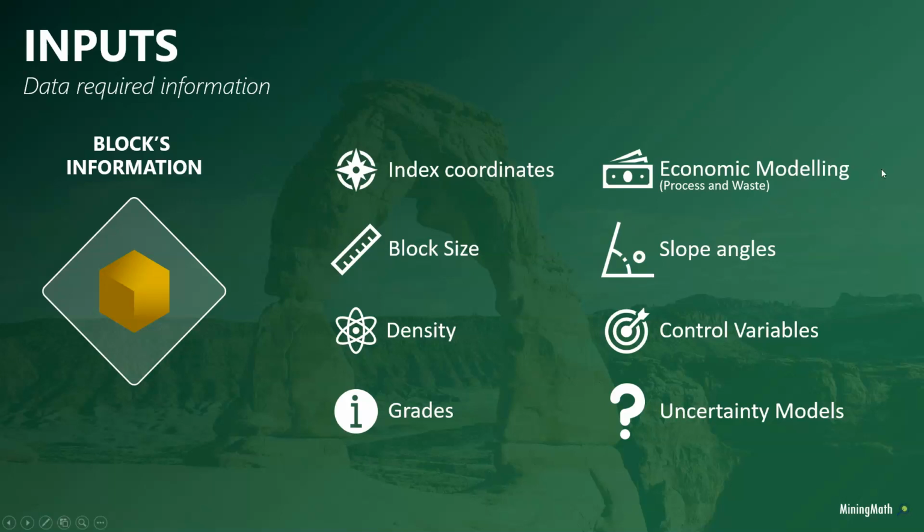The economic math modeling, or the benefit function, at least one function for the process and one function for the waste. Slope angles as well, in this case optional, and also control variables, which is what I was talking about, modeling different properties. And also, MiningMath allows you to use stochastic models as well.